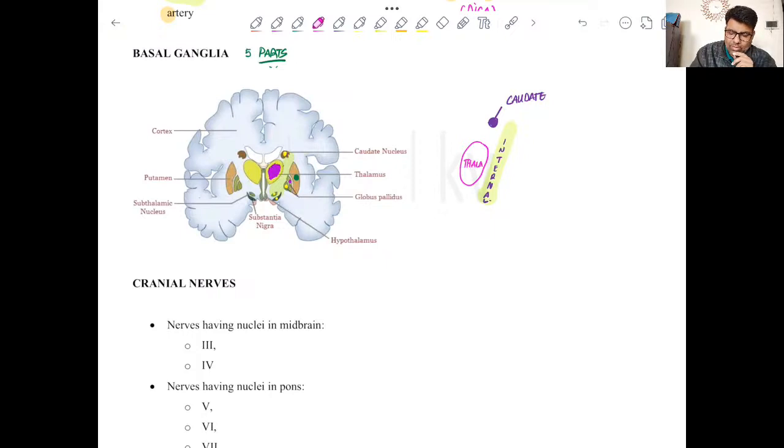Then laterally we will see putamen. So this is the putamen. Deep to putamen there is globus pallidus externa, and deep to globus pallidus externa there is globus pallidus interna, right? So this is the arrangement, and together this all is known as lenticular nucleus.